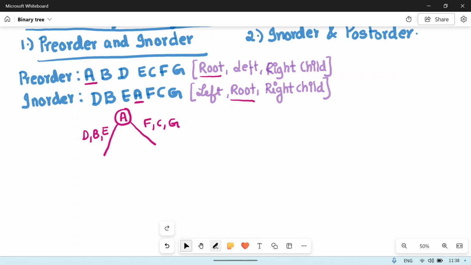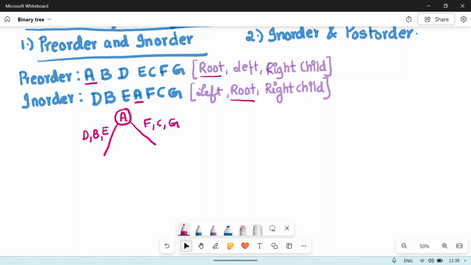Okay, so we are done with identifying the left child and right child. Now you can go ahead and do the left side tree first and then the right side tree. The order doesn't matter. So let me first do the left child of A. The left child of A has three different nodes, D, B and E. Now you have to figure out which is the next root.